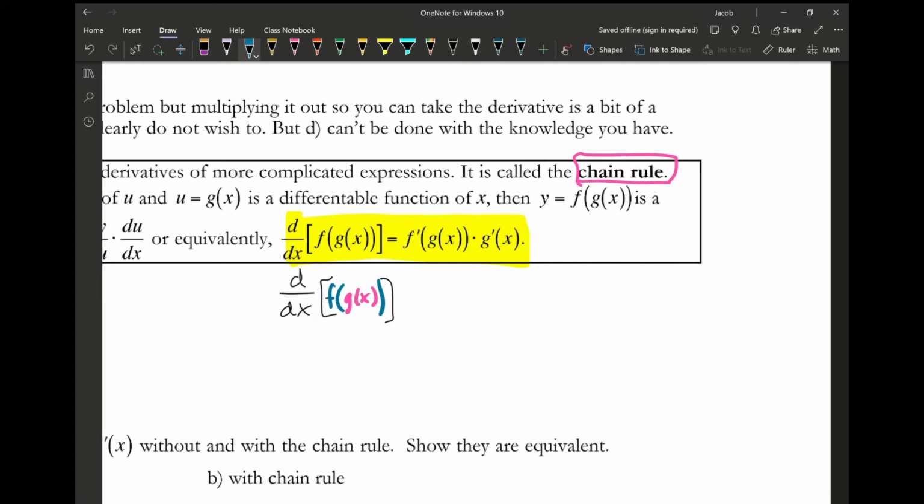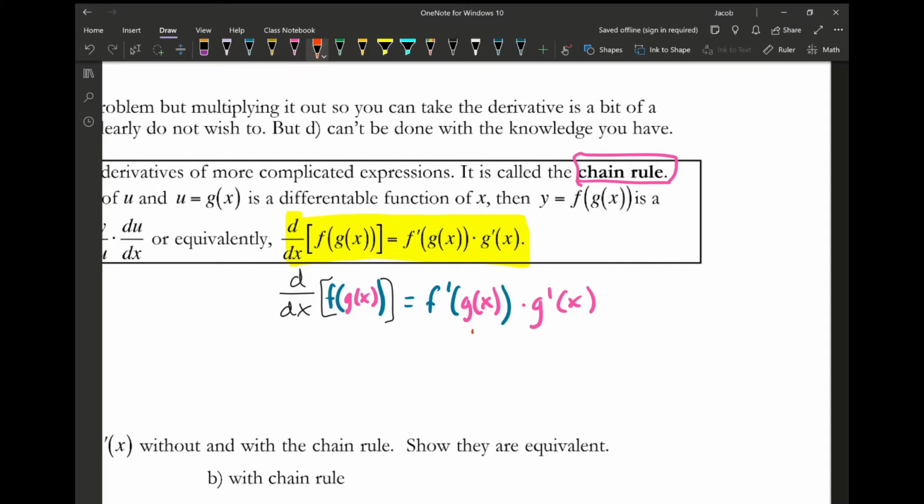then we will always take the derivative of the outside function while leaving the inside function, no derivative on it or anything like that, and then multiplying that by the derivative of the inside function. So we're chaining derivatives together.